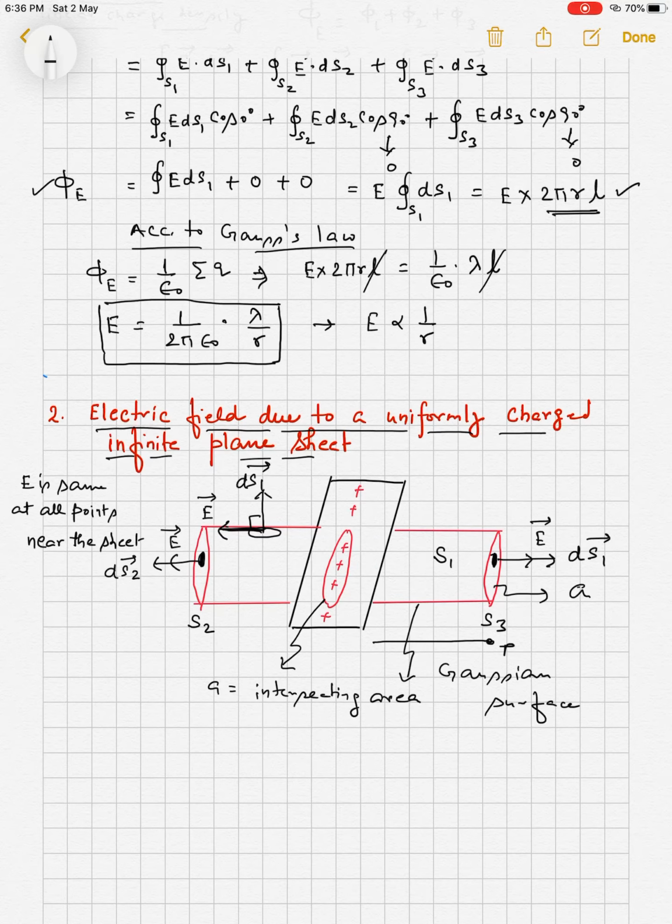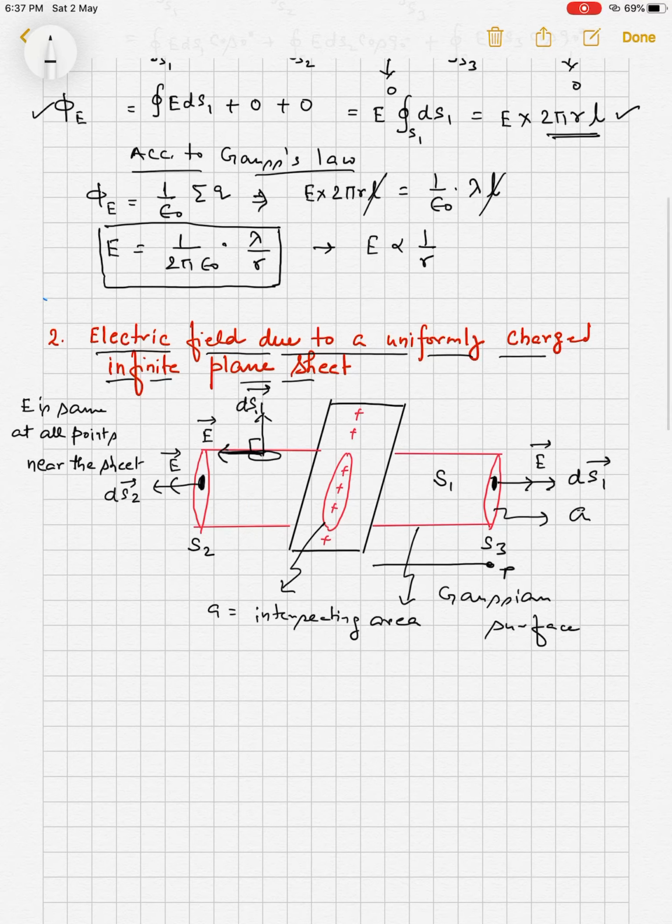So on the surface S1, the angle between E and ds1 is 90 degrees, while in the case of surfaces S2 and S3, the angle is 0 degrees. Again we have to find the total electric flux, and here the charge Q is intersected by area A.